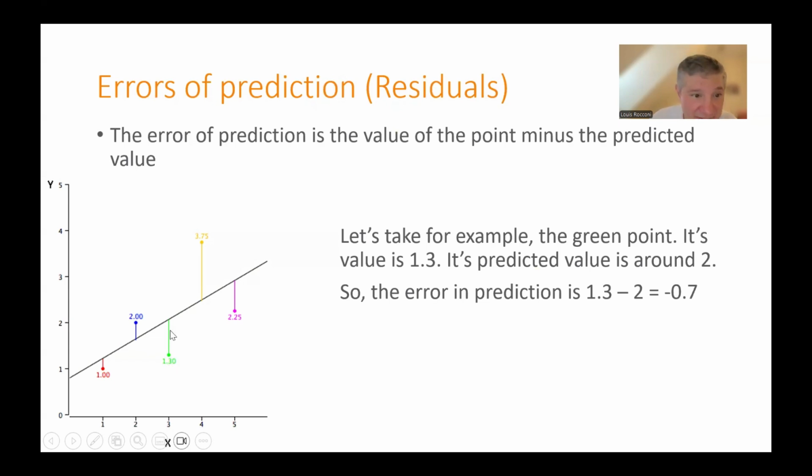Its predicted value here is pretty close to 0.2. So the error in prediction is around negative 0.7. So it's negative 0.7 units away from the line. So we're trying to minimize these errors.